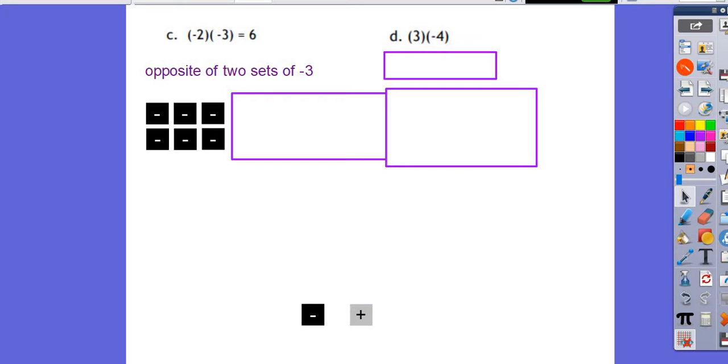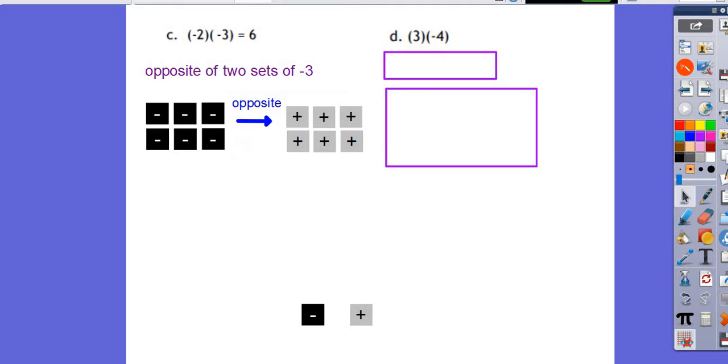Then I have to take the opposite of it. So that means I'm flipping them all around to be a what? Positive. So then what is my answer? Positive 6. This should all be drawn in your book.